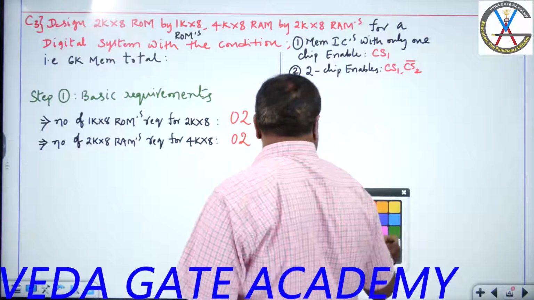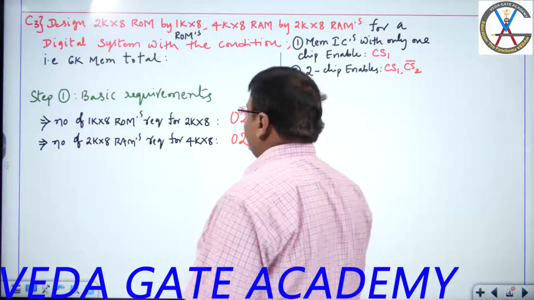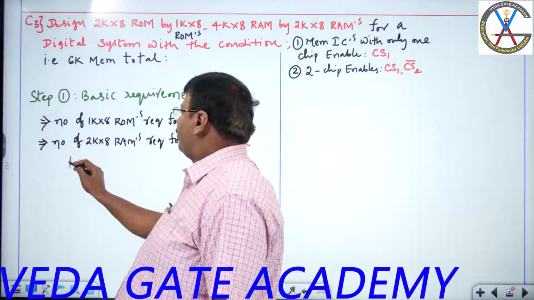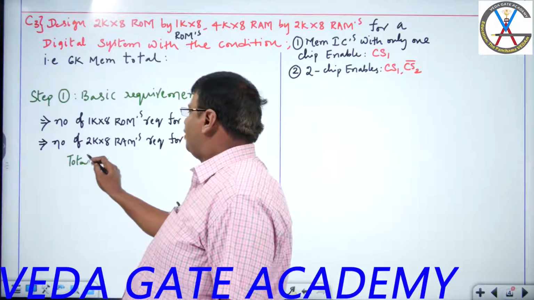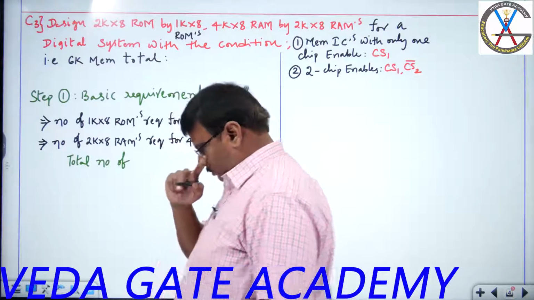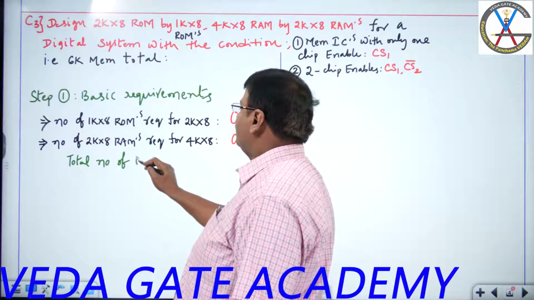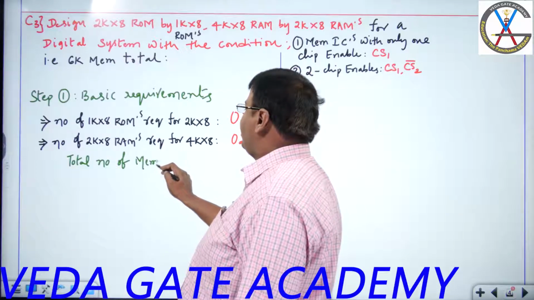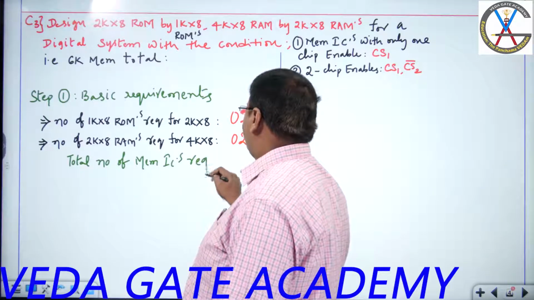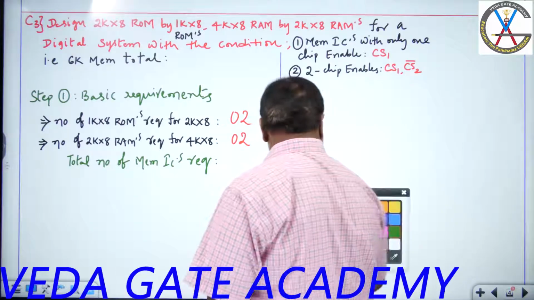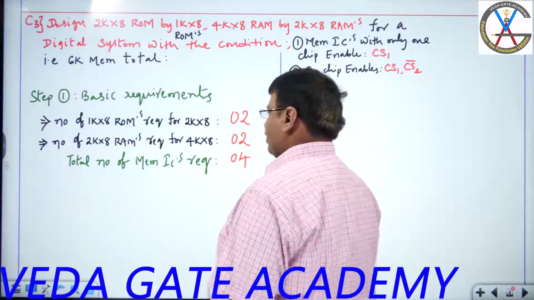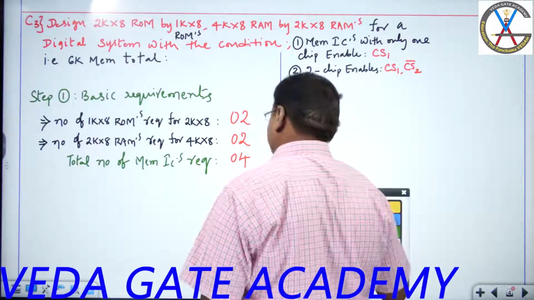Now, third statement: total number of memory ICs required. Aren't they 4? 2 plus 2. 4 ICs.